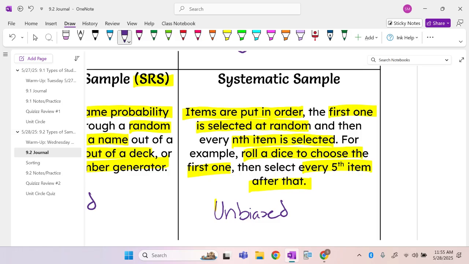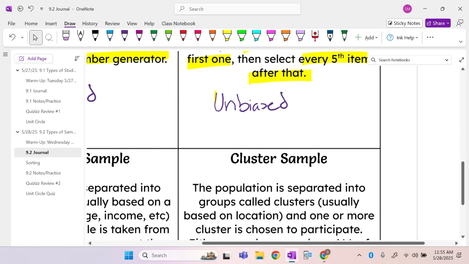Actually, I do, but it still would not be biased because I'm not saying, okay, if I pick this, this, and this, these people will go. No, I rolled a die. It told me 3, so every third person after this number is what I pick. So it's pretty unbiased.